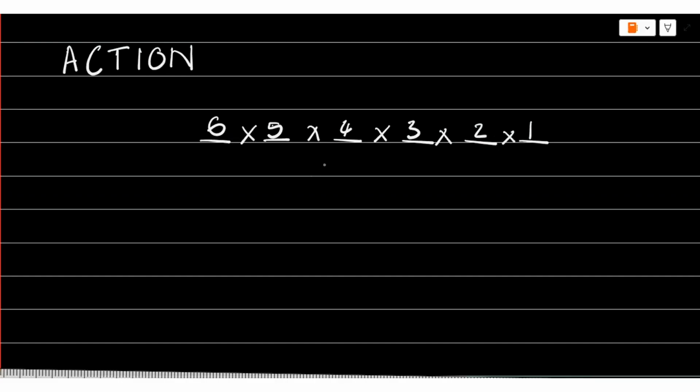And we are done. And this is the total possible ways that we can arrange the letters in the word "action". And the total of this would be 720 possible ways of arranging the letters in the word "action". And this we give a special name. We call it a pure arrangement.